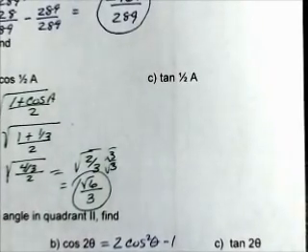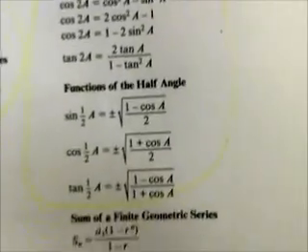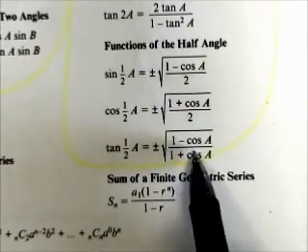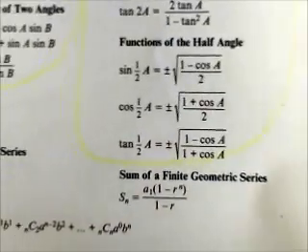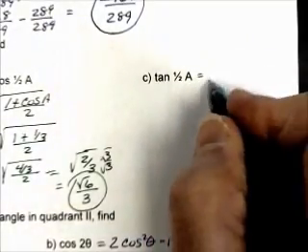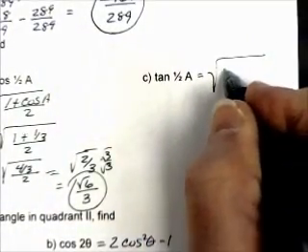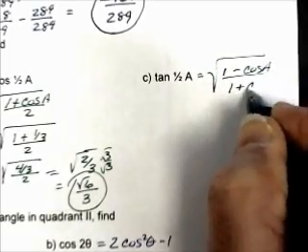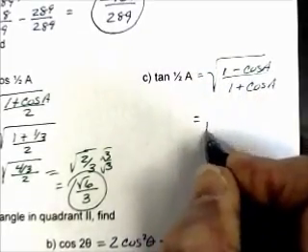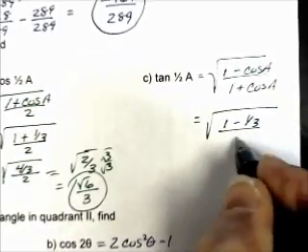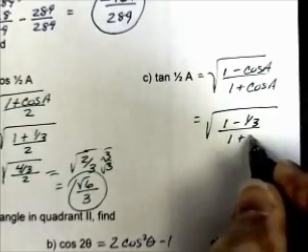Next, C, the tangent of a half A. Tangent of a half angle is the square root of 1 minus cosine A over 1 plus cosine A. So 1 minus 1/3 over 1 plus 1/3.